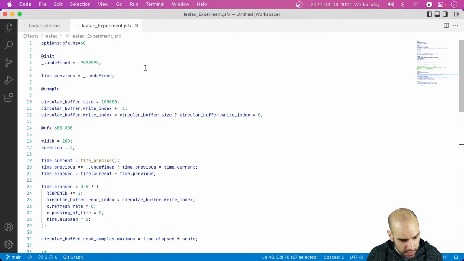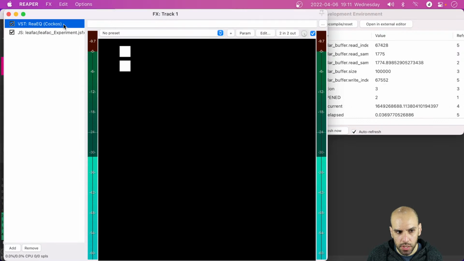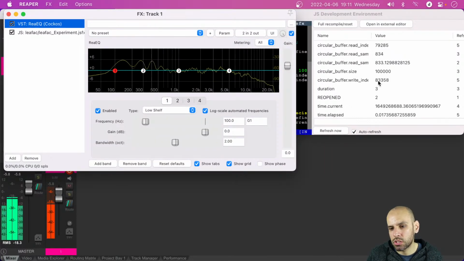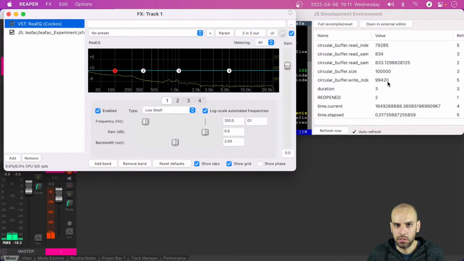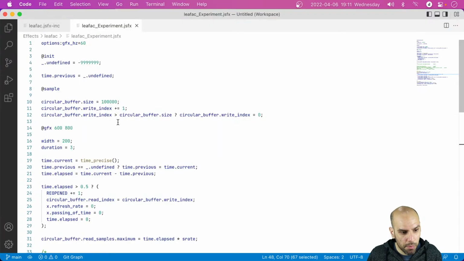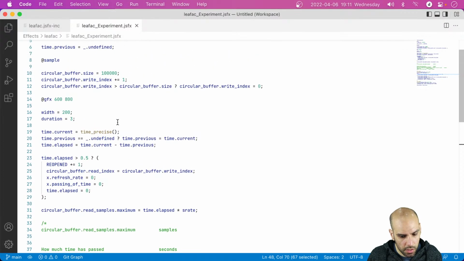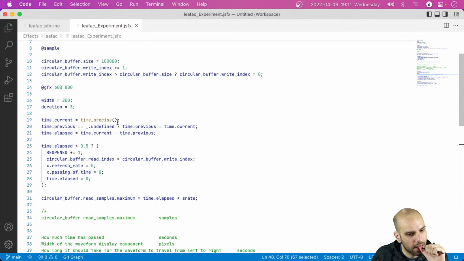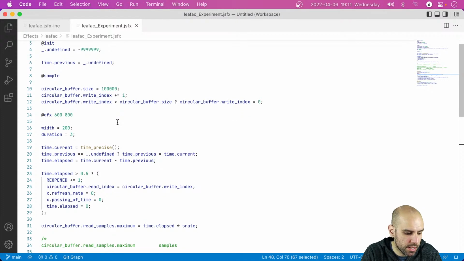In fact, there is something else that I want to do that is related to this UI thread not running situation. When the UI thread is not running, there is no point in wasting resources from the audio thread to keep writing into the circular buffer. Why would it have to keep writing to the circular buffer for no one to read? So we might as well have a variable called, this is actually tricky business.